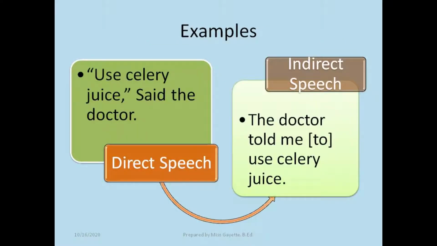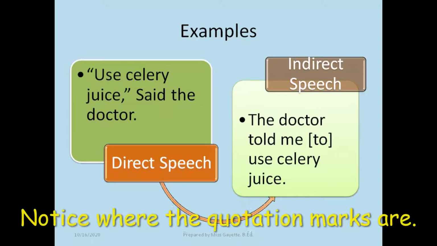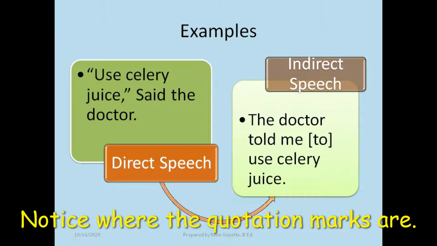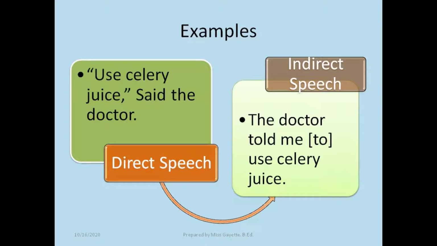Let us look at a few examples in direct speech. "Use celery juice," said the doctor. Notice open quotation marks, close quotation marks at the end of juice. Also observe the comma is within the quotation marks.